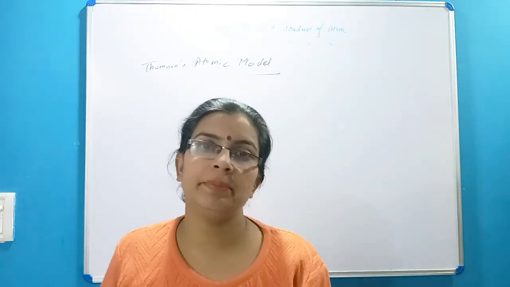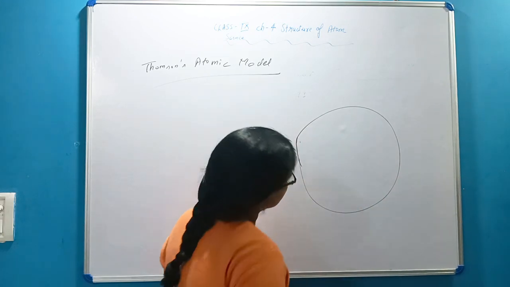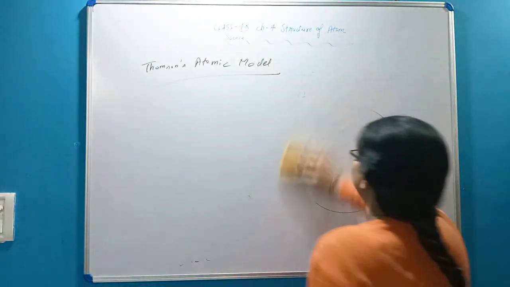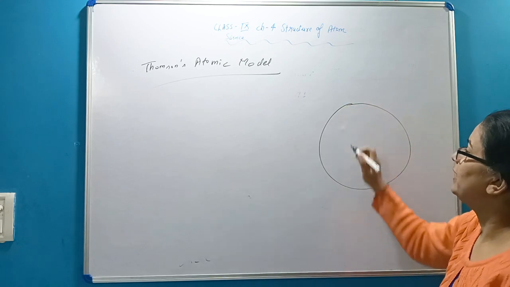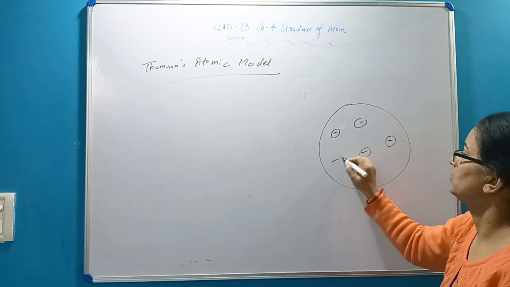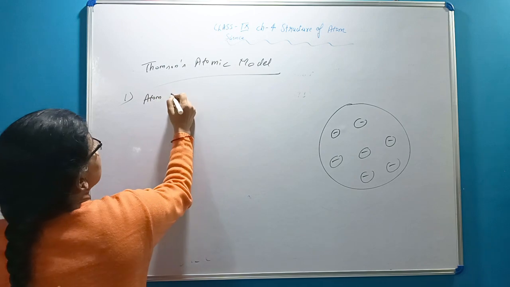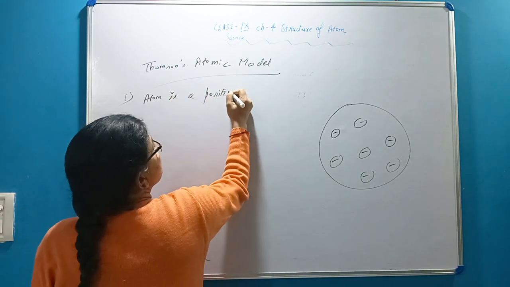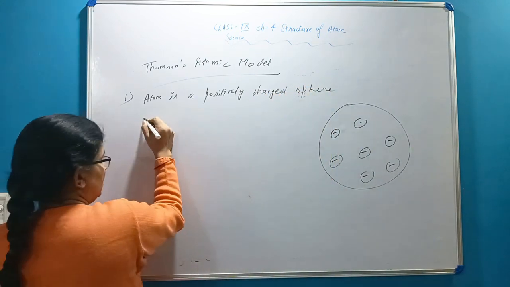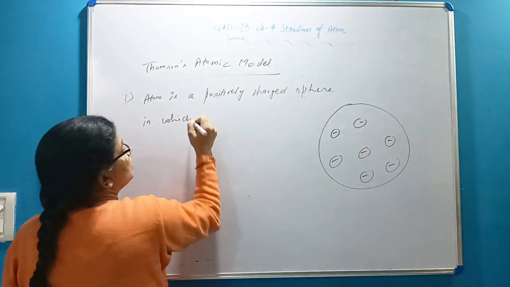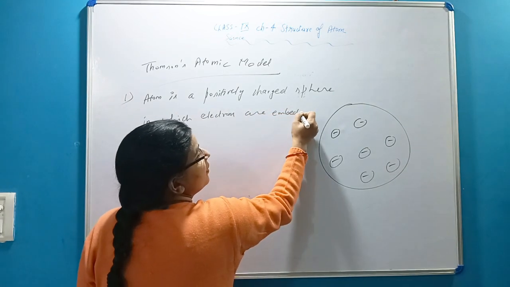As per the Thomson atomic model, the atom is a positively charged sphere in which electrons are embedded.